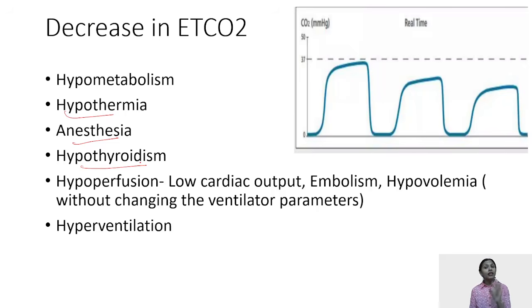But if it is a sudden decrease in ETCO2, the first condition which is highly suggestive of this is embolism. Please remember, the case scenarios will definitely hint you to the condition of embolism.